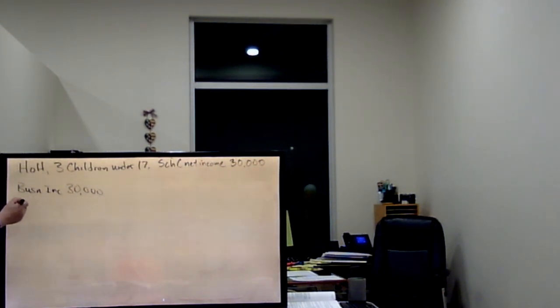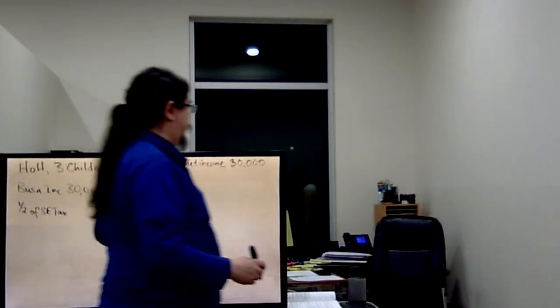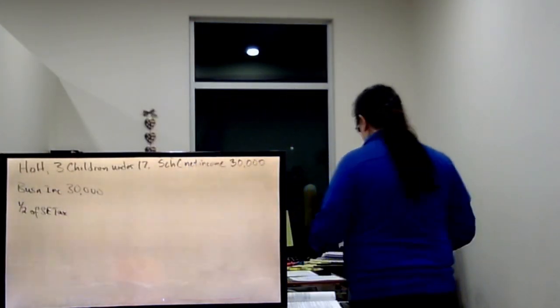Then adjustments: they have an adjustment for 1/2 of their self-employment tax, which is 30,000 times 0.9235 times 0.153.